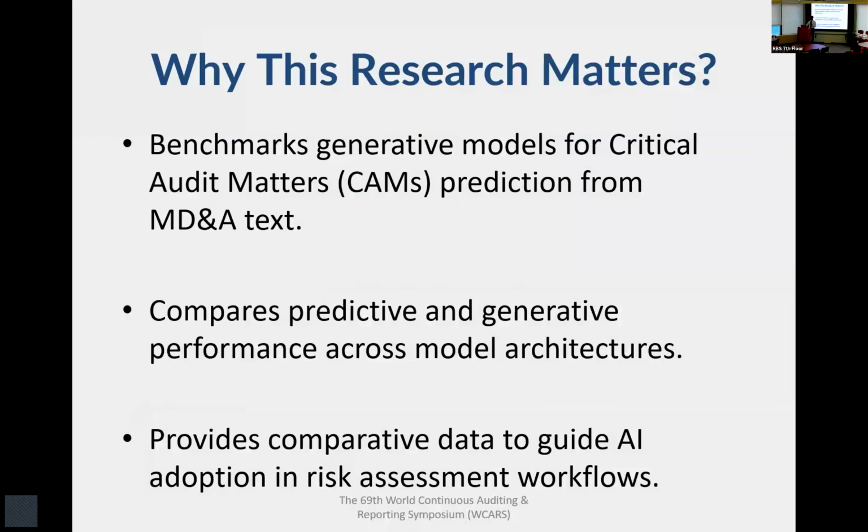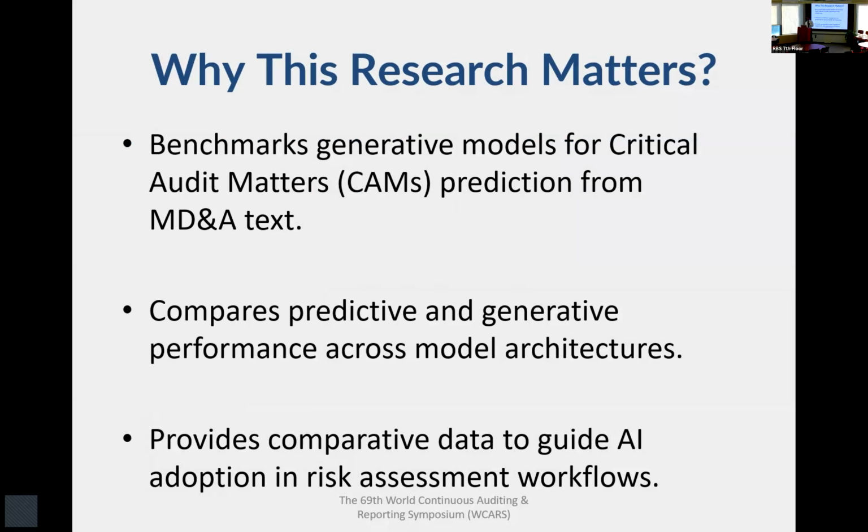Now, there's been a great deal of conversation about AI and accounting, but this research focuses on practical use. So, benchmarking models for practical use. We took multiple AI systems to see how well they predict CAMs and how well they perform in generating explanations aligned with auditor reported CAMs.